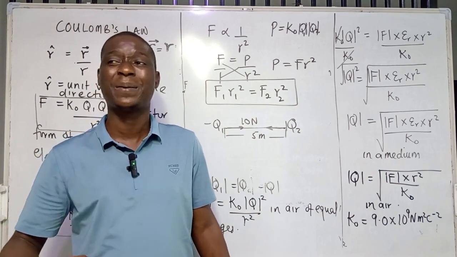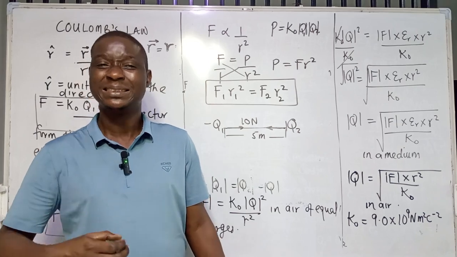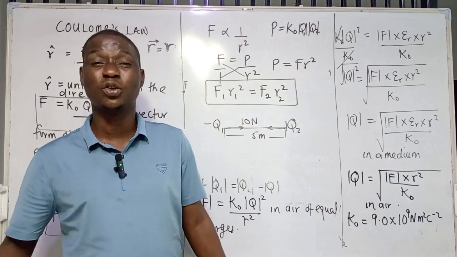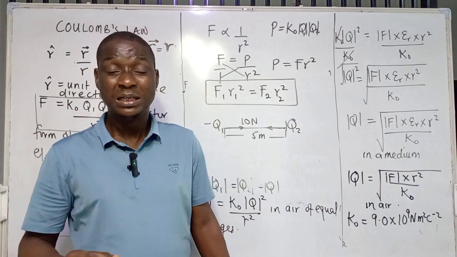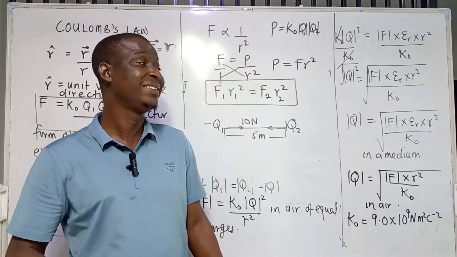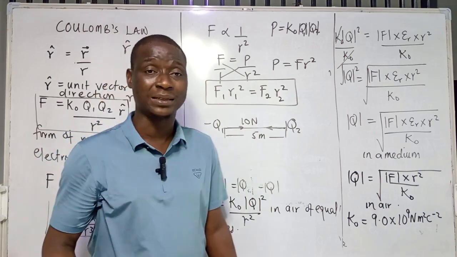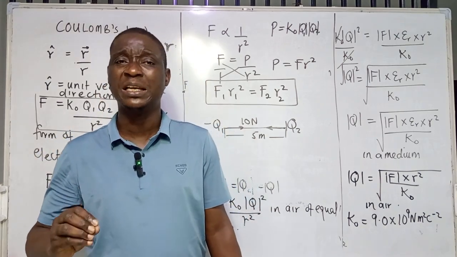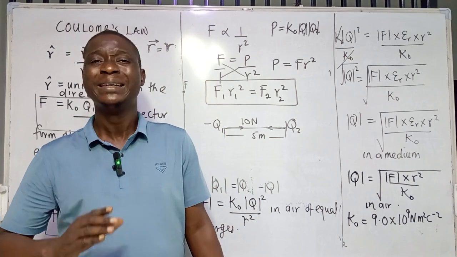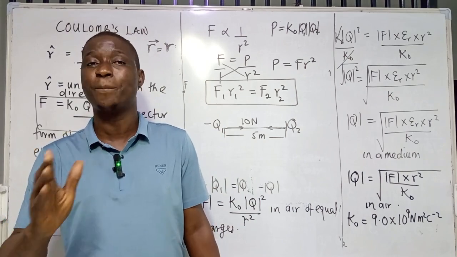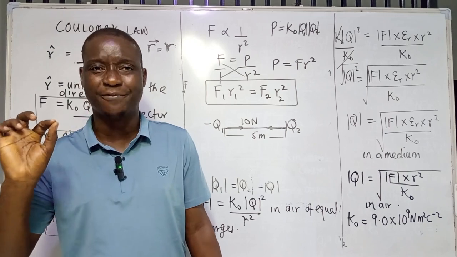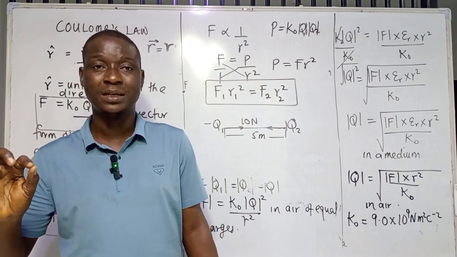Since the distance apart is far greater than the radius of the sphere that we are talking about, it means we consider the radius of the sphere as the distance apart. Another thing is that, strictly speaking, Coulomb's law is only focusing on point charges in a vacuum or in free space.